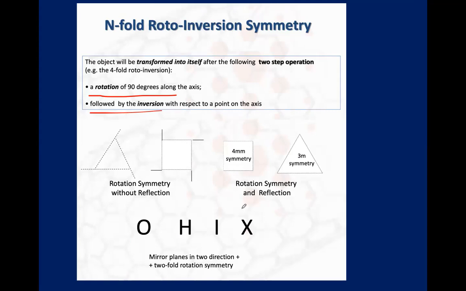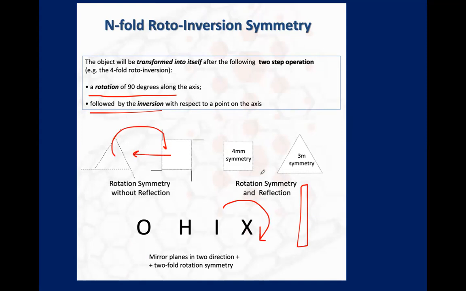So if you rotate this one 90 degree, you will end up observing this like this, and then you can make it inversion, right? So here you rotate it 90 degree, and then you do the inversion.